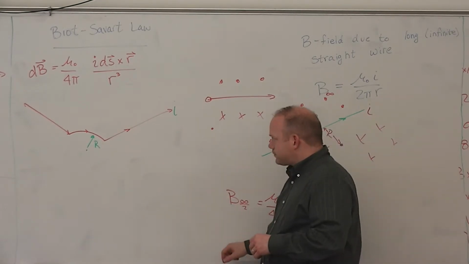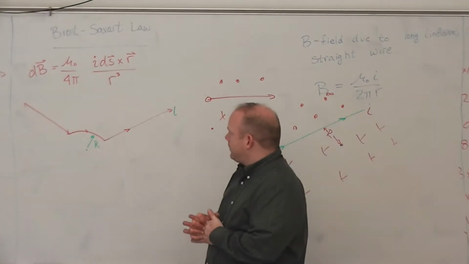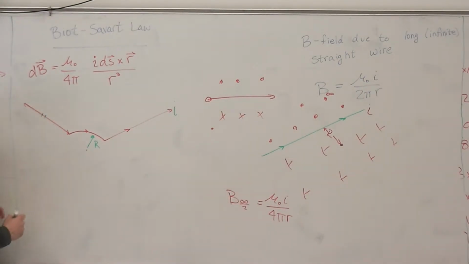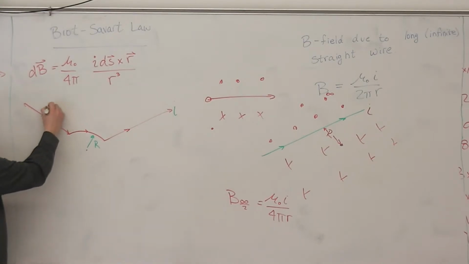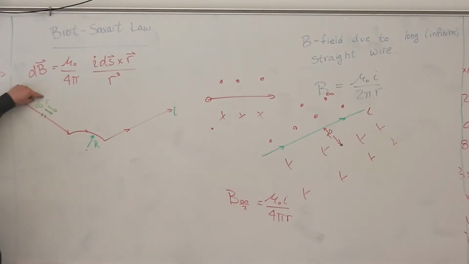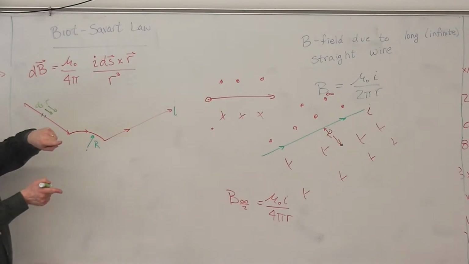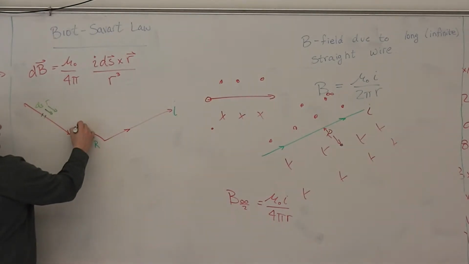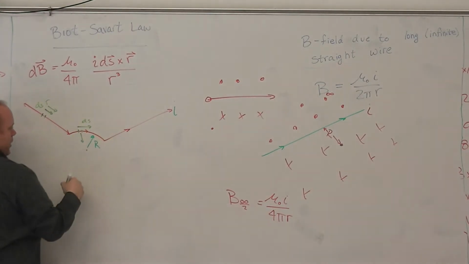Well, first of all, one thing that we should point out: if I take a ds out over here, ds would point in this direction, and so would r. So then you have ds right here and r right there. These two point in the same direction. So if they're parallel with each other, what's the cross product? 0. Cross product and parallel don't go together. They're 0. Over here, I've got a ds that points this way and r that points this way, or the other way.